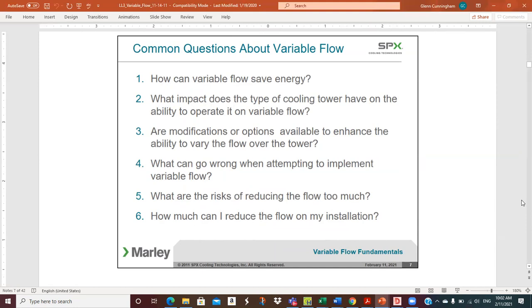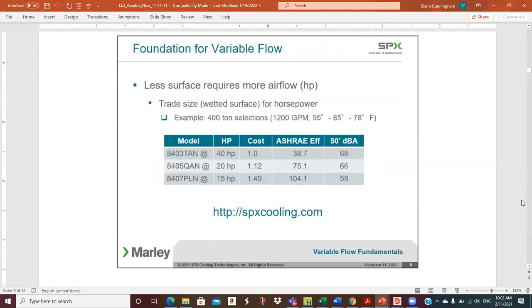What can go wrong when attempting to implement variable flow? And what are the risks? And so I guess the tail end of the presentation is more on the water side, but I really like the air side of this one, but we'll go through all of it. How much can I reduce flow in my installation? So they do get to that.